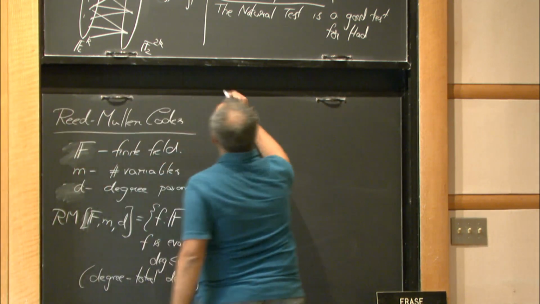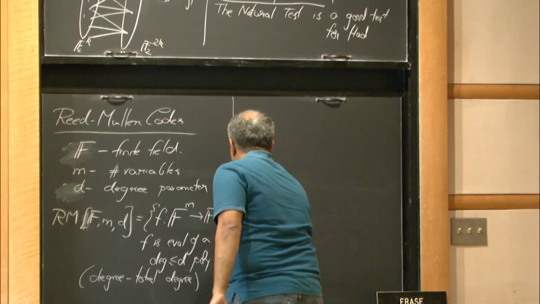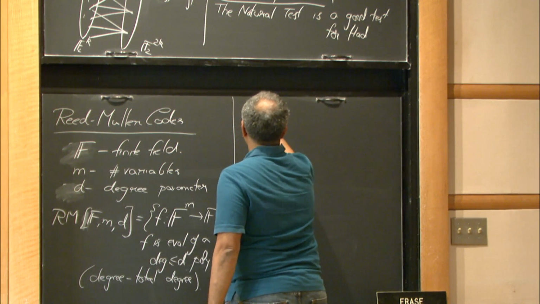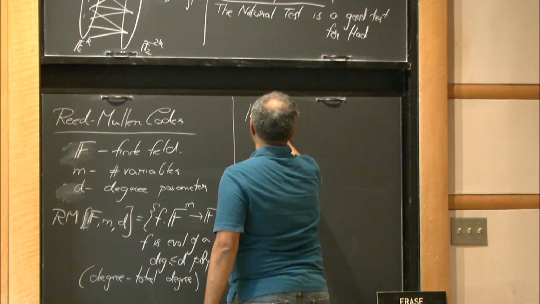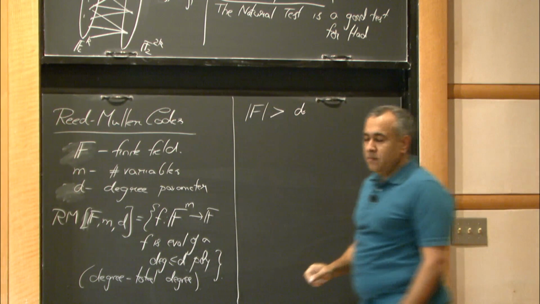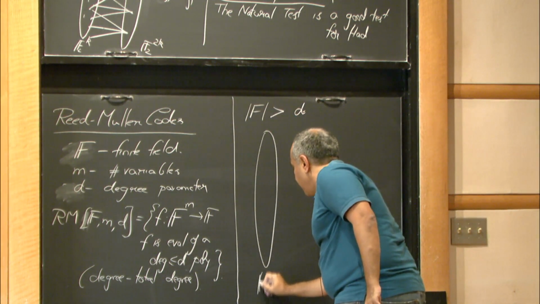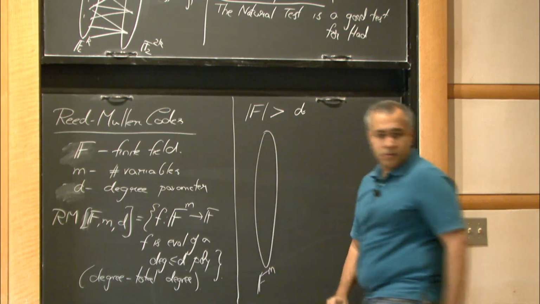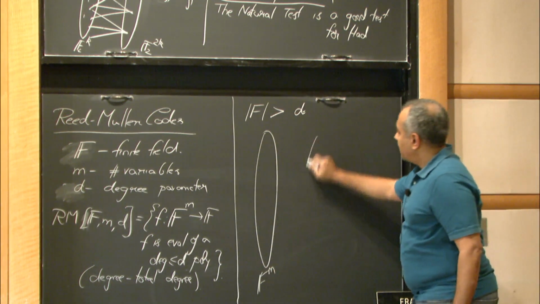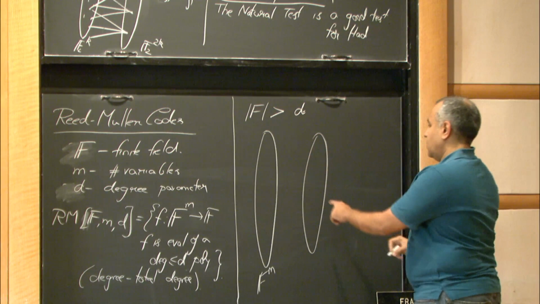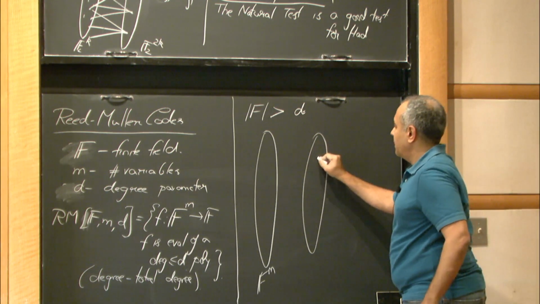So this also has a very natural graph representation. Let's look at the case in which the size of F is larger than d. The left hand side is once again F^m.